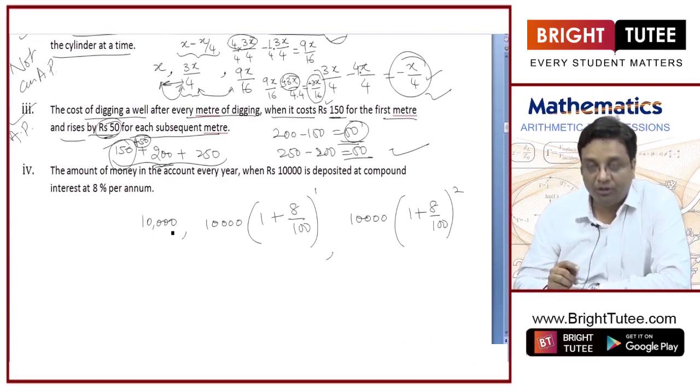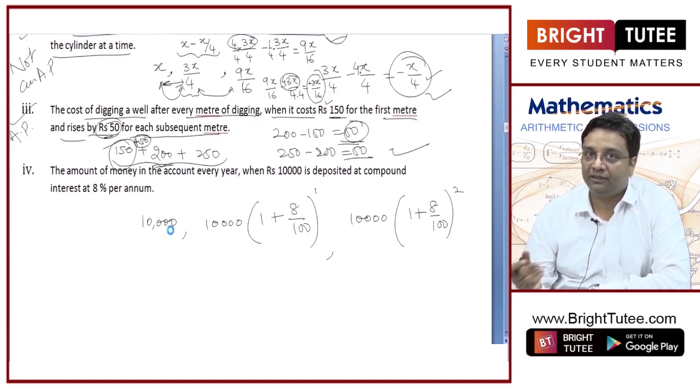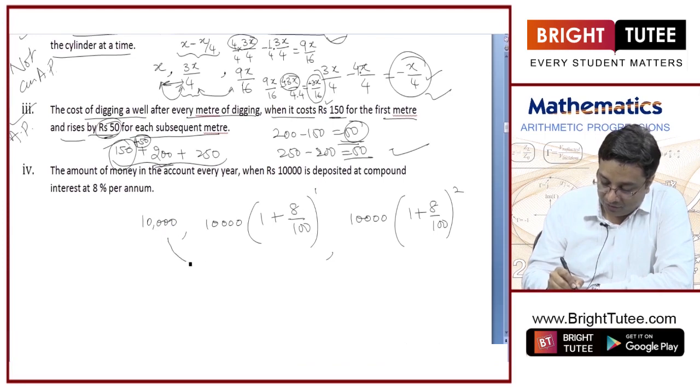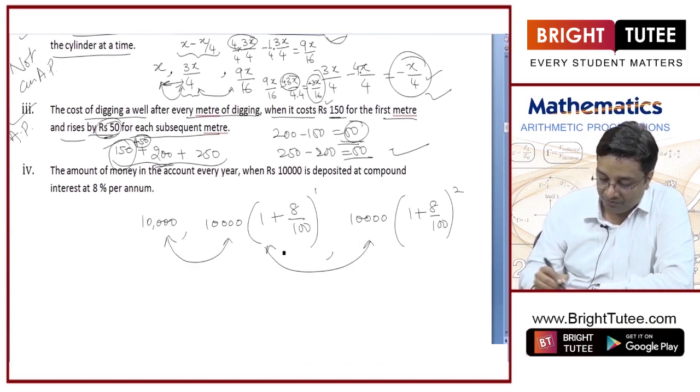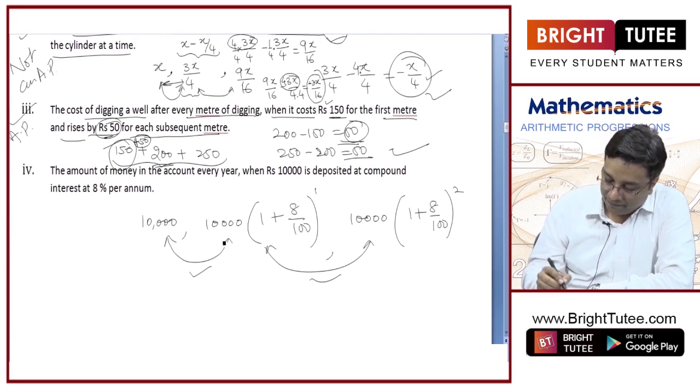As I told you in the beginning, 3 terms are enough to know whether a certain sequence is an AP or not, right? So I will see what is the difference between these 2 terms and what is the difference between these 2 terms. If these 2 differences are same, then we will say that it is an AP, otherwise it is not. So what is the difference between this term and this term?